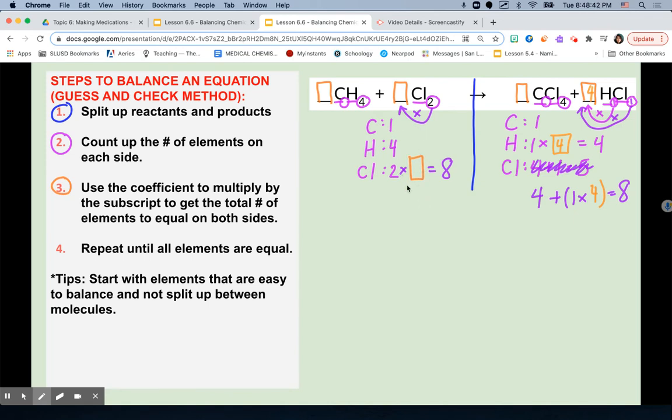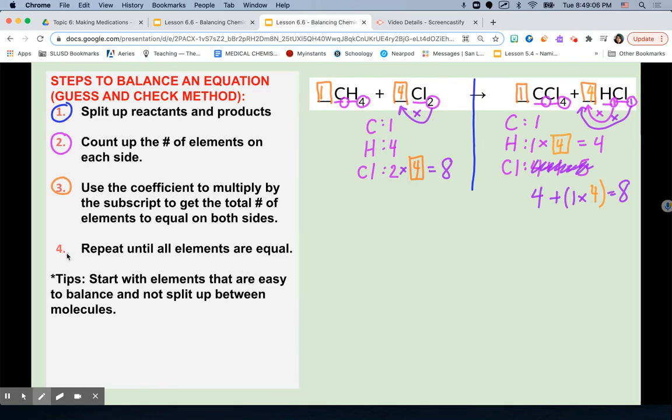So 2 times what equals 8? Well, 2 times 4 will be 8. So now I have 1 C on both sides, 4 H's on both sides, 8 Cl's on both sides. So the parts where they are blank, that's just going to be 1 and 1.